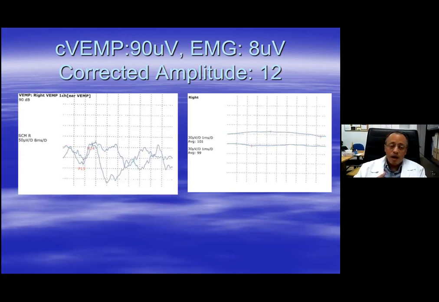And I hope to see it in the future, if I can follow up this patient at some point, which I will do. But I suspect that there is a third window syndrome going on, or perhaps something similar, creating this large amplitude response, which would go with the history of diving and the symptoms appearing soon after diving. If you agree with me, but of course, this can be argued.